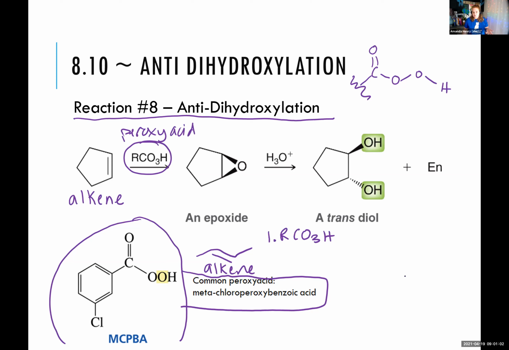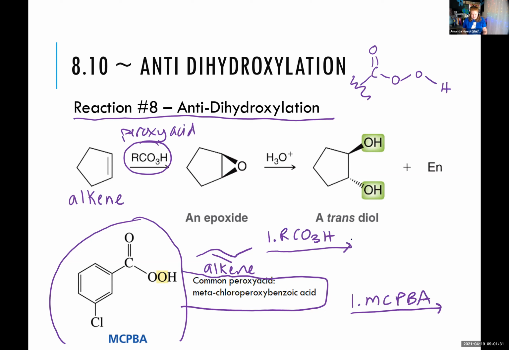Chloro, obviously there's a chlorine on that ring. We have the peroxy acid part and it's on a benzene ring. So that's where the name comes from. I point this out because on the arrow, you might see number 1, MCPBA, and you need to know that that is a peroxy acid. It might also say peroxy acid or have our generic abbreviation.